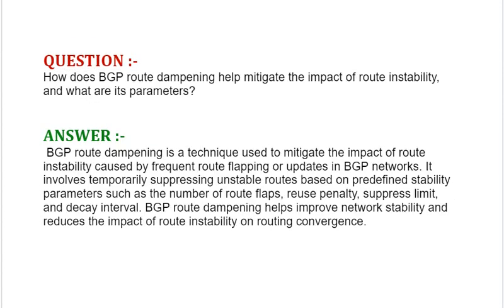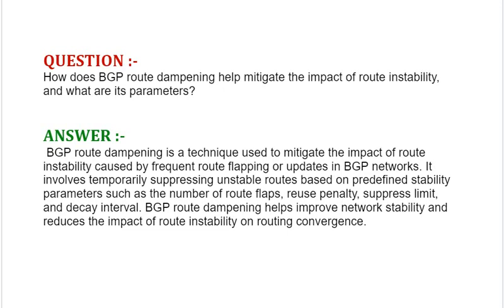Our next interview question is: how does BGP route dampening help mitigate the impact of route instability and what are its parameters? Your answer should be: BGP route dampening is a technique used to mitigate the impact of route instability caused by frequent route flapping or updates in BGP networks.